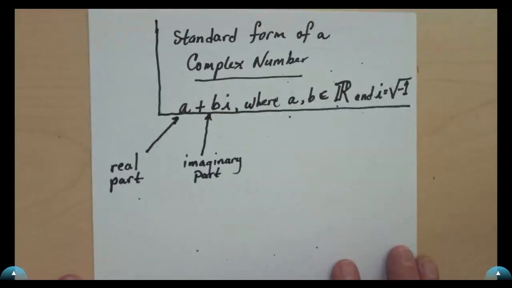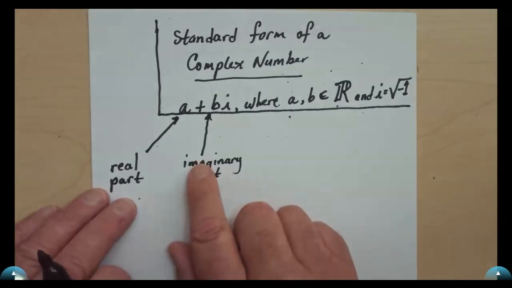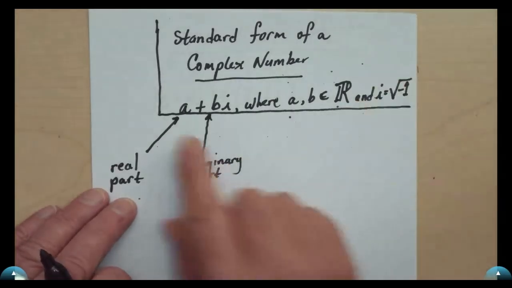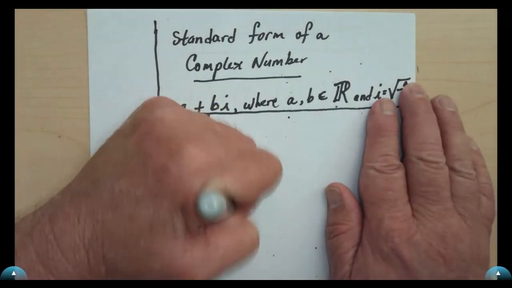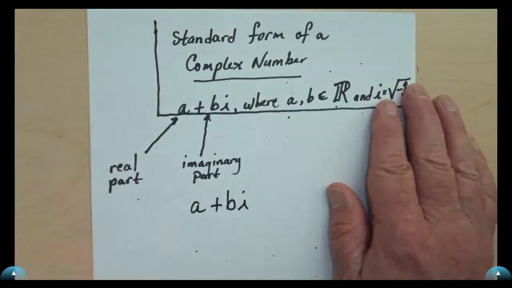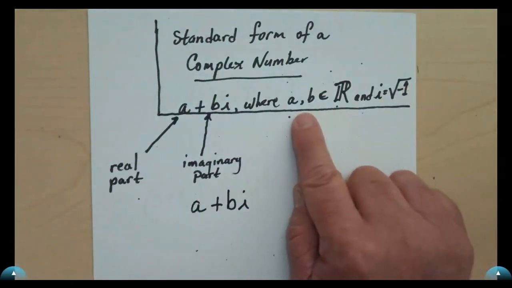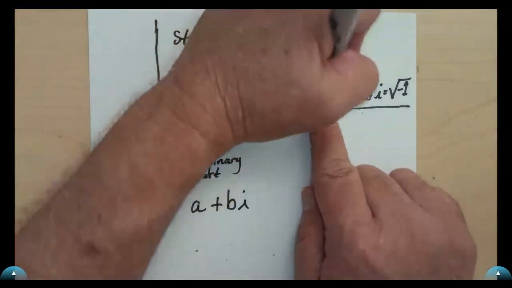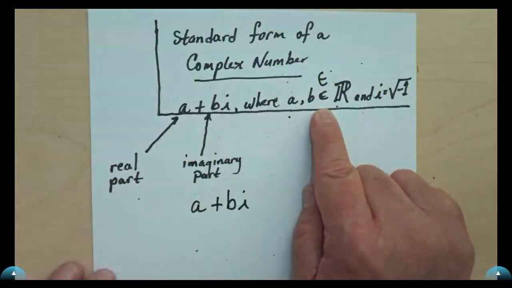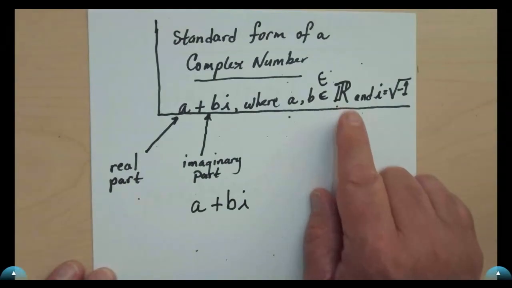So here is what your text will call a complex number. This is called standard form for a complex number: a plus bi, where a and b, this little symbol, is an element of the set of real numbers.